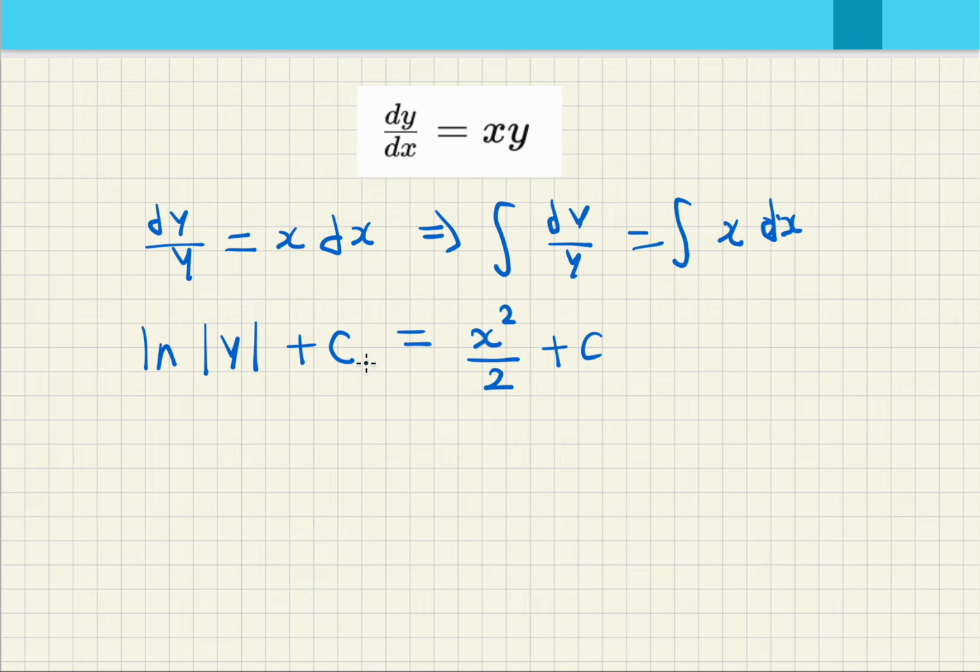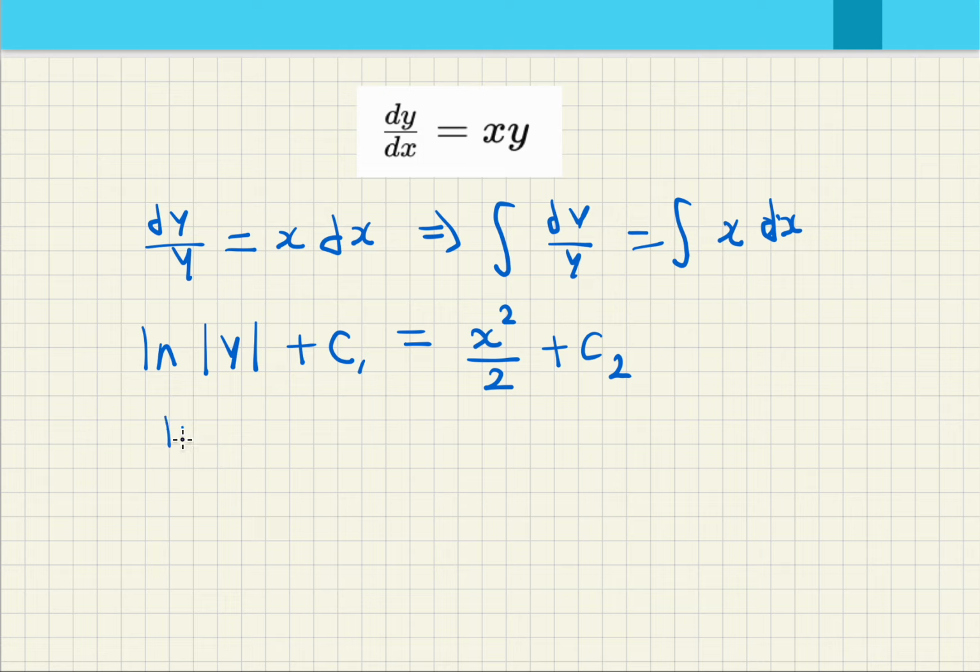This is just the power rule, x squared over 2. And since c is any constant, we can club c together on one side. This will make our job easier because this is technically c1 and this is c2. And since they're both constants, if we subtract c2 by c1, then it just gives us one constant.